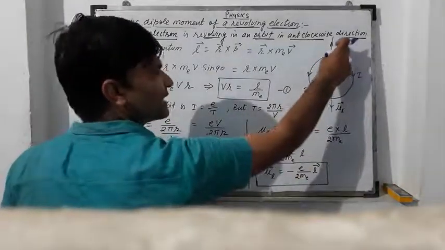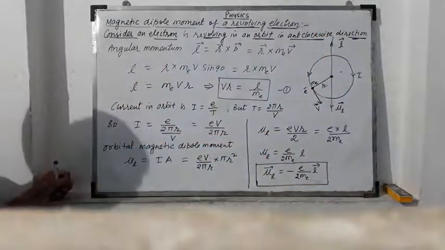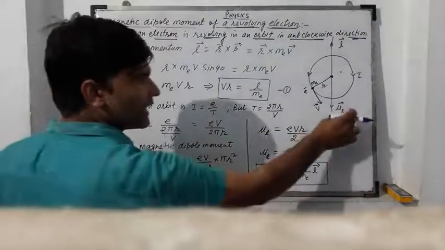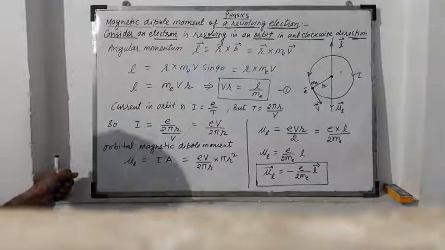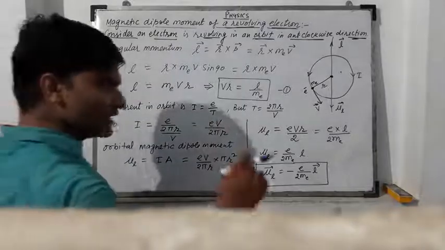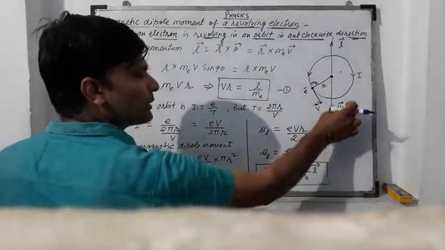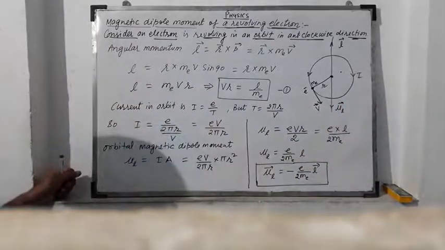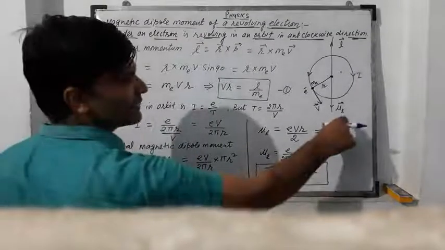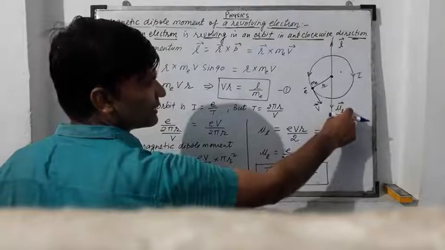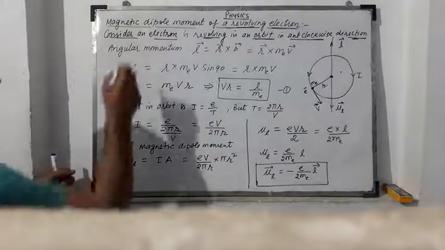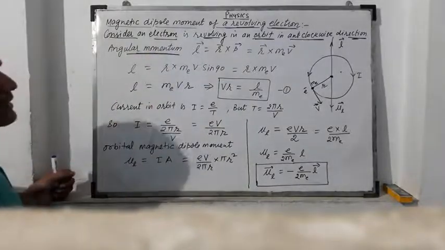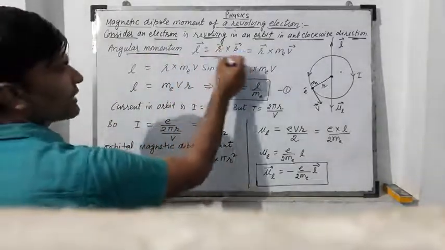Small l is angular momentum, and mu l is orbital magnetic moment. In this case, orbital magnetic moment means magnetic dipole moment, which is denoted by small m, but in this case we denote it by mu l. So angular momentum L is equal to r cross p.